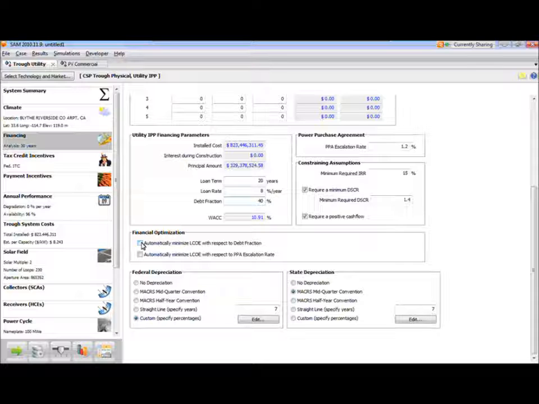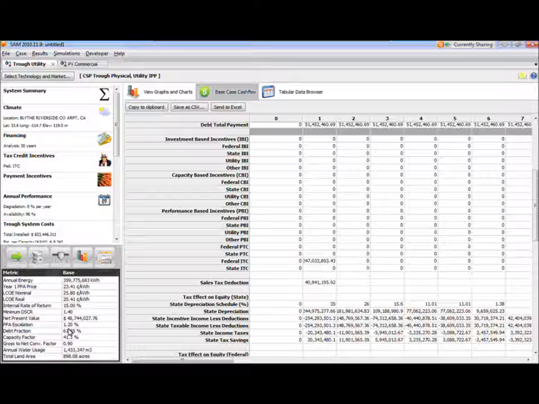If you choose the financial optimization option, for example, for debt fraction, that disables the debt fraction variable, and SAM calculates it as a result. So in this case, it's telling us that the optimal debt fraction is 60% rather than 40%.